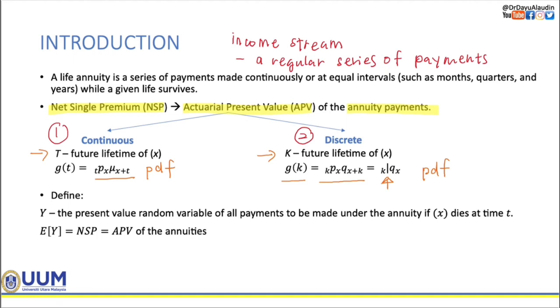So the definition: Y is the present value random variable of all payments to be made under the annuity if X dies at time T. So the expected value of Y, the present value, is equal to the net single premium or the APV of the annuities.